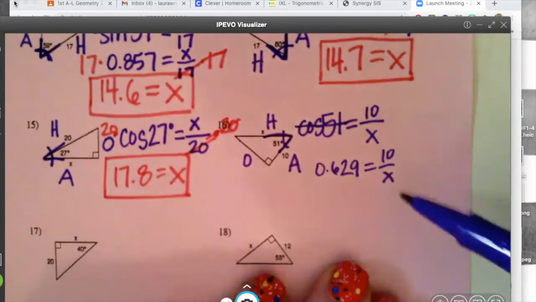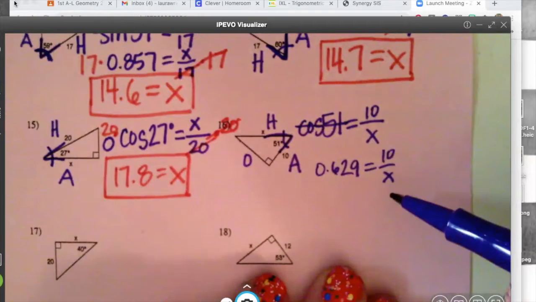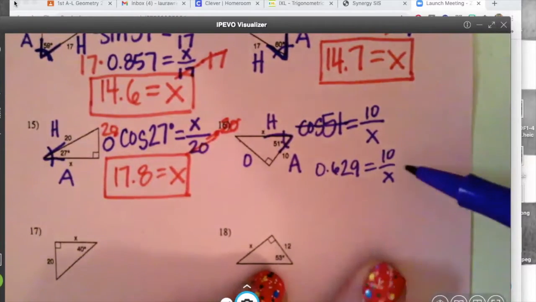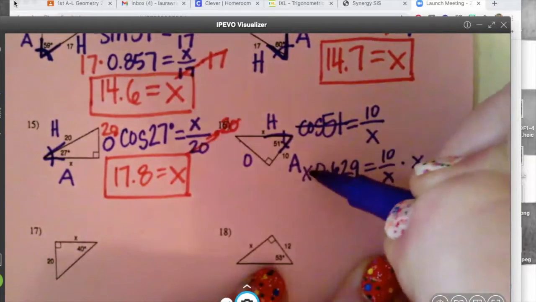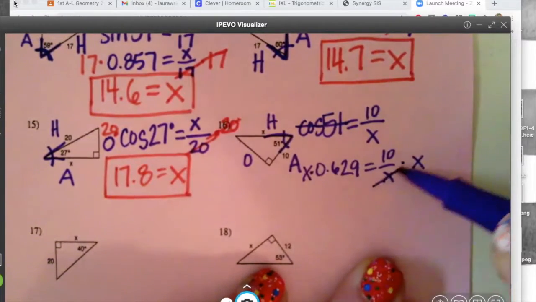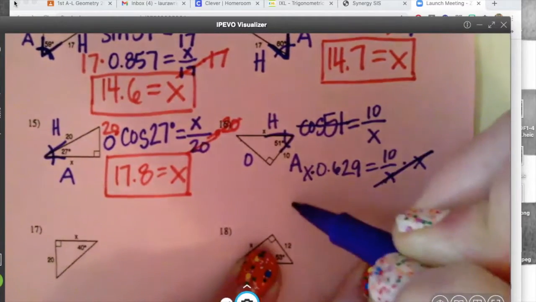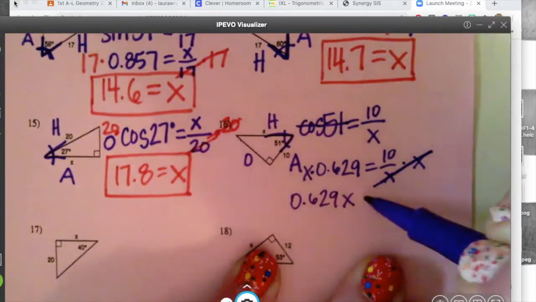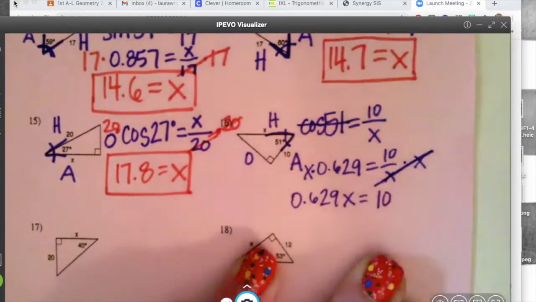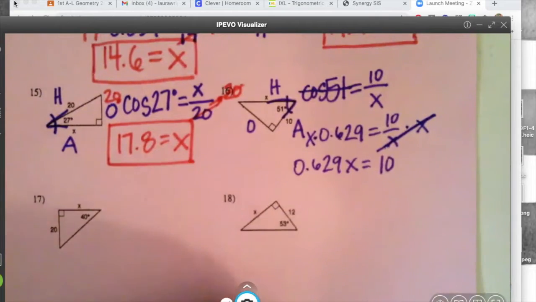All right, so I want to get x by itself, but I've got to get it out of the denominator of this fraction. So I'm going to multiply by x on both sides. Now the x's have canceled over here and my fraction is gone. So I just have 0.629x equals 10. And that looks like a much easier equation to solve.